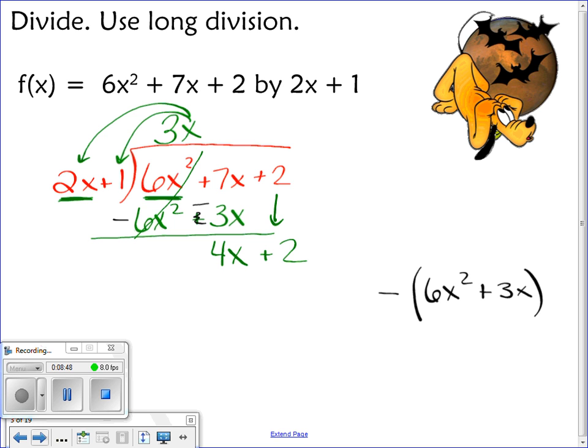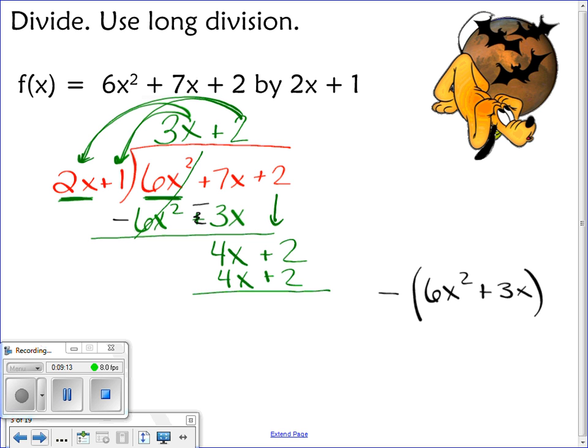We start over again now, right? Start the process over. What do you multiply 2x by to get 4x? Just 2. A positive 2. So plus 2 goes up there. And then we will distribute 2 times 2x. And then 2 times 1 is 2.